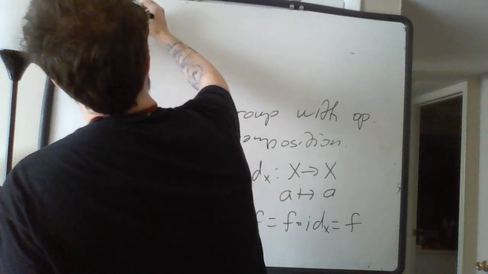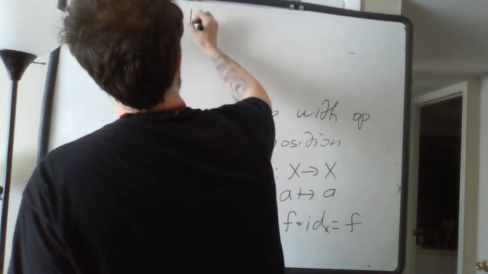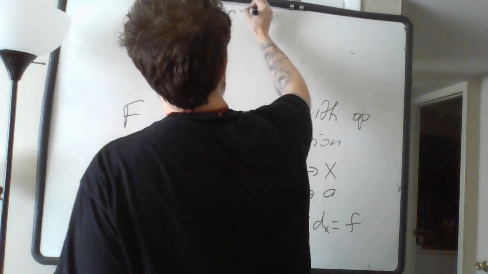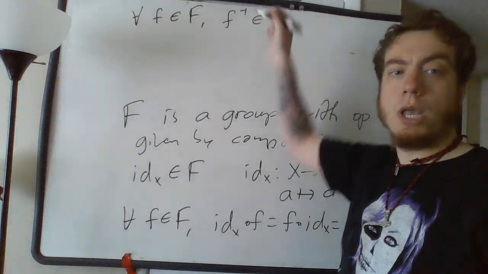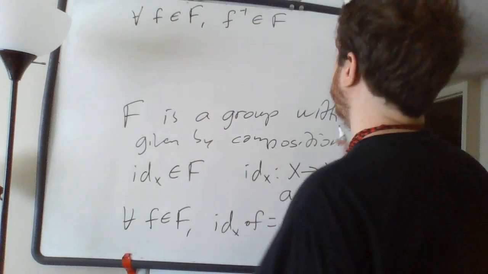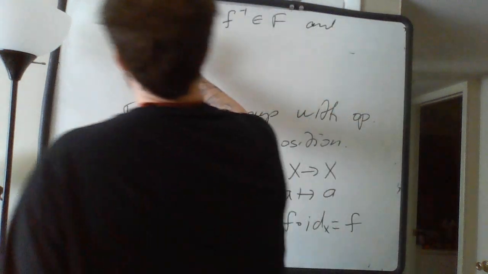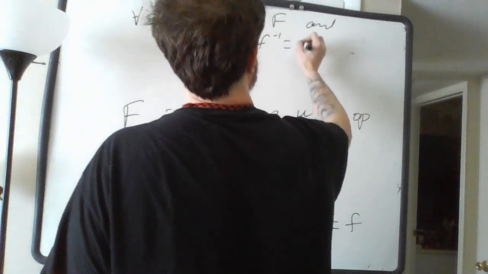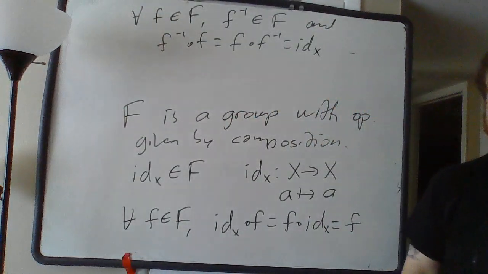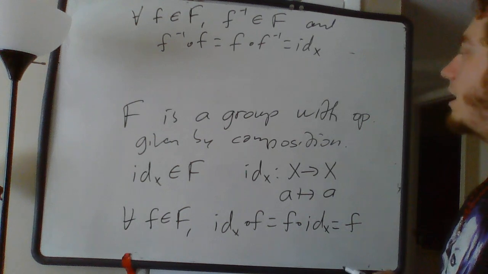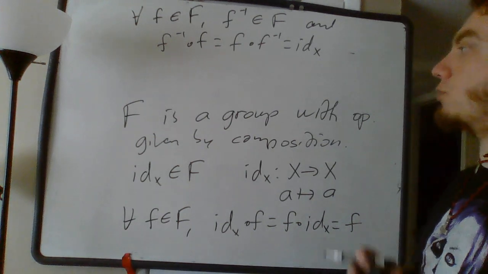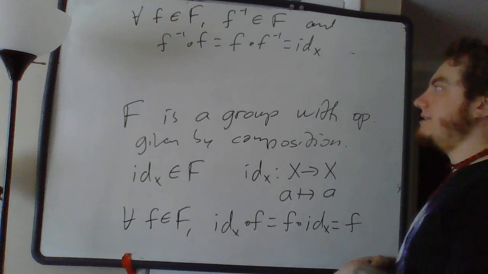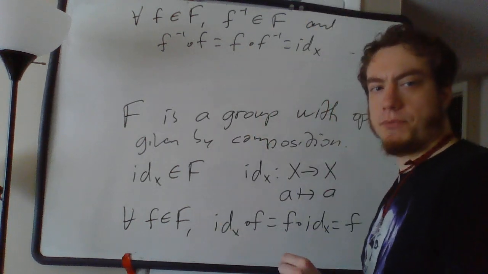So what we can say is that for all little f in capital F, f inverse is in F, and here I'm using f inverse to indicate the usual inverse for a bijective function, and we get the property that f inverse composed with f is equal to f composed with f inverse, and it is equal to the identity function on the set X. So actually, the group structure encapsulates how these bijective functions behave.